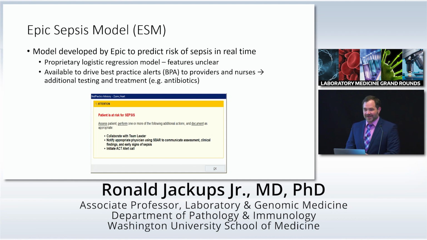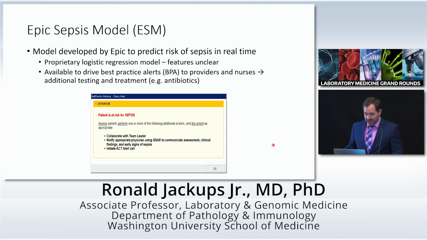So a while back, EPIC developed what they called a sepsis model, which is more or less a machine learning predictor aimed at predicting whether a patient, typically in the ER, may be progressing towards sepsis based on multiple factors, which includes lab tests as well as perhaps vital signs and other things. What does this do?